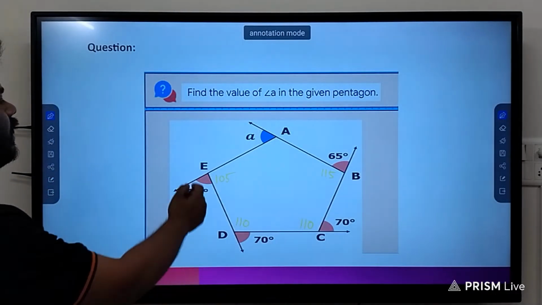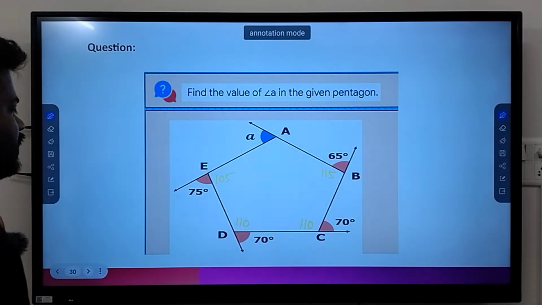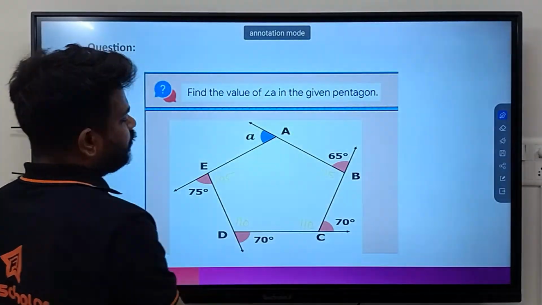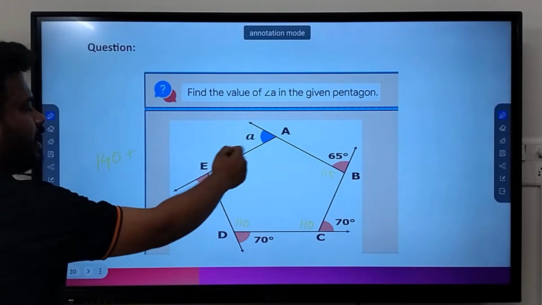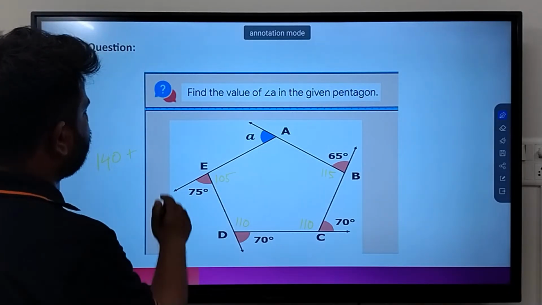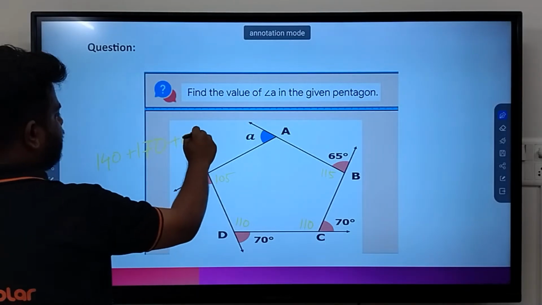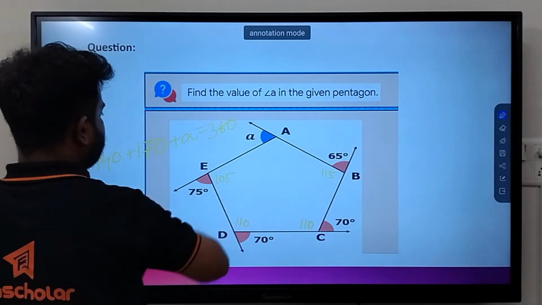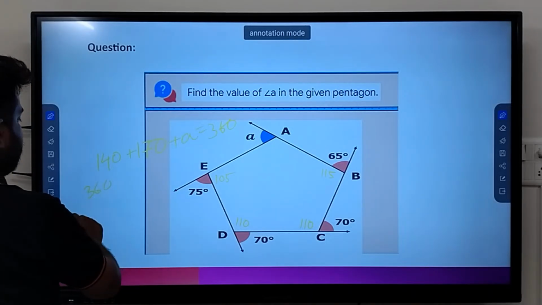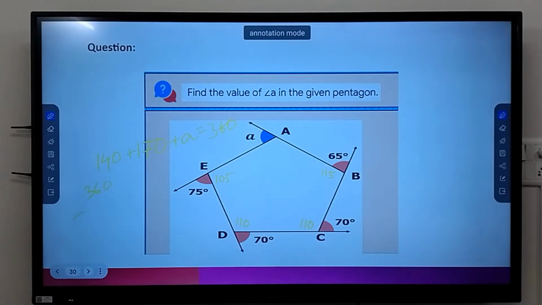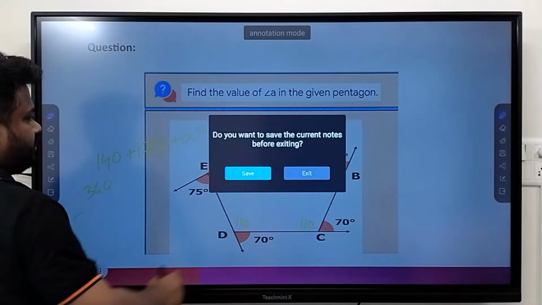And the sum of all exterior angles we already know is 360 degrees. So 70 plus 70 is 140, 140 plus 65, 105 and 65 is 170 plus A equals 360. So from that we can say 360 minus 200, 310. So 50 degrees will be the answer.